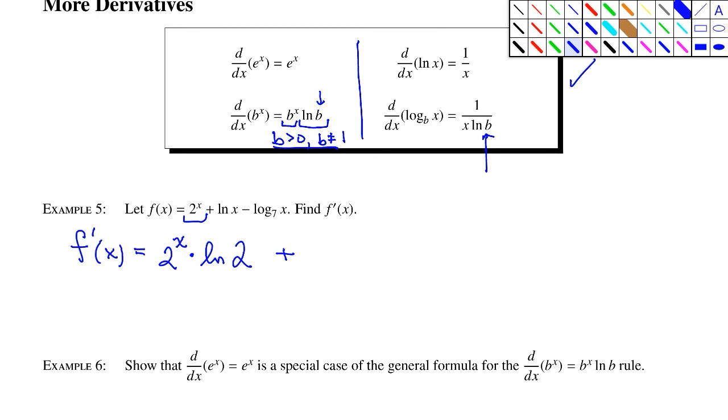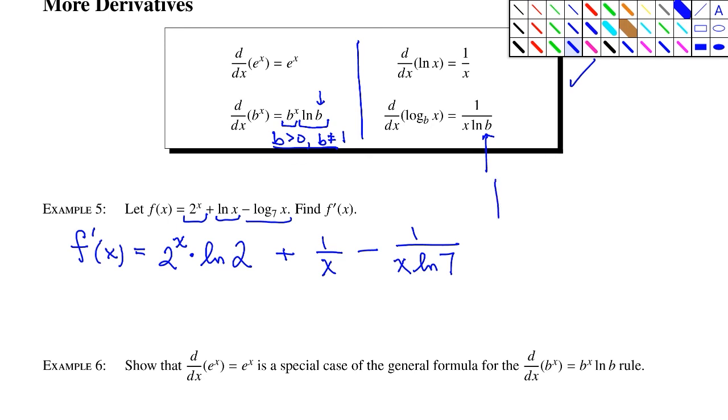Plus the derivative of natural log of x is just 1 over x. It's just always true. And finally, the derivative of log base 7 of x is 1 over x times the natural log of the base, which is 7. All right, so there we have that.